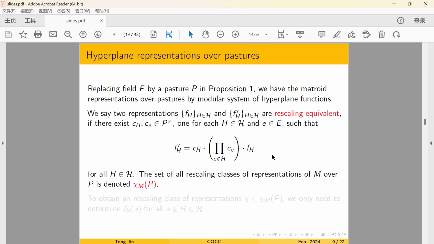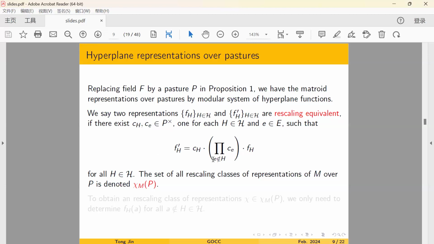So in our case, we say two representations by the modular system of hyperplane functions are rescaling equivalent if we can find non-zero scalars, say c_H and c_E, one for each hyperplane and one for each element, such that the second hyperplane function f_H prime is equal to this global scalar c_H times the product of c_E for all E outside H times our first hyperplane function f_H.